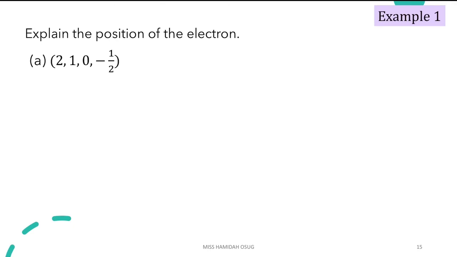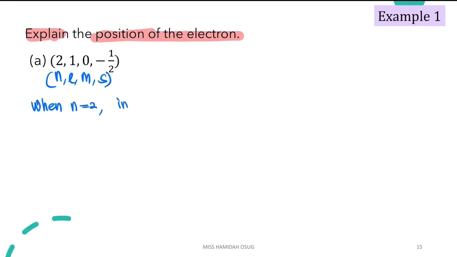So example 1, you need to explain the position of the electron given the set of quantum numbers there: 2, 1, 0, and -1/2. So remember that NLMS is the set of our quantum numbers. When n is equal to 2, it indicates that the electron is at energy level 2.